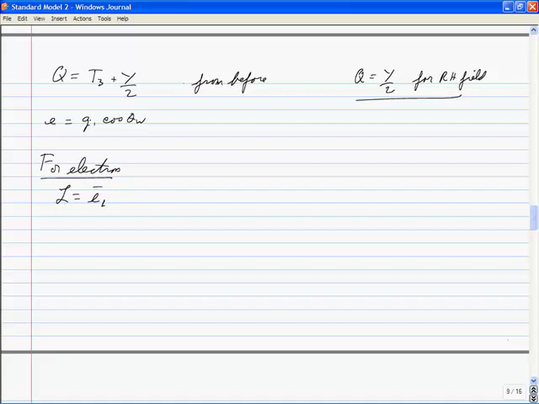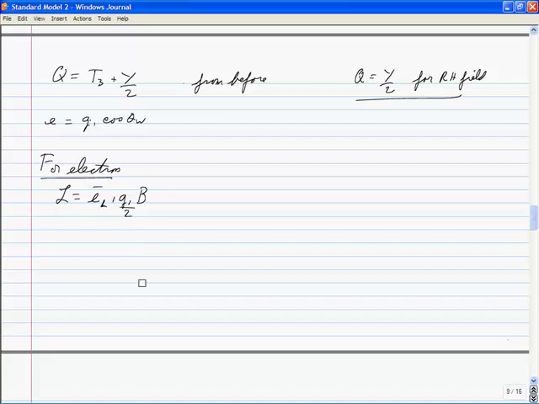Let me just look it up. E bar G1, this is left, G1 B mu over 2, I'm pretty sure. Left-handed electron is minus 1. The right-handed is minus 2.